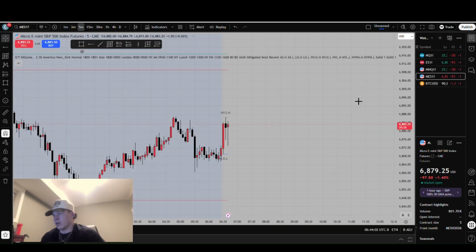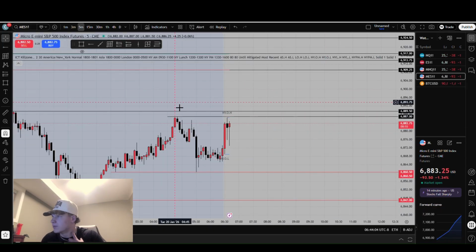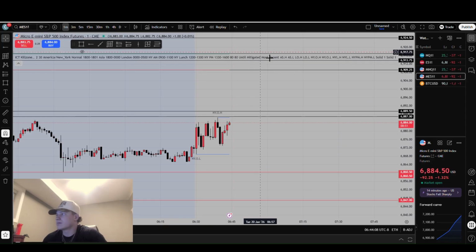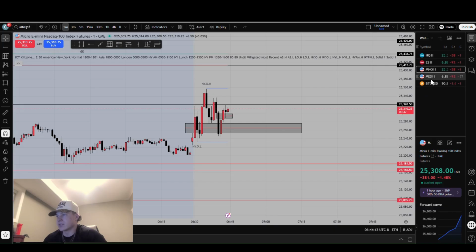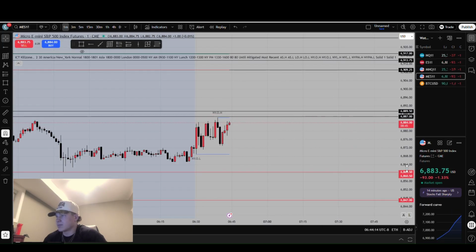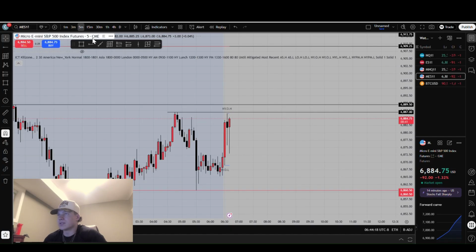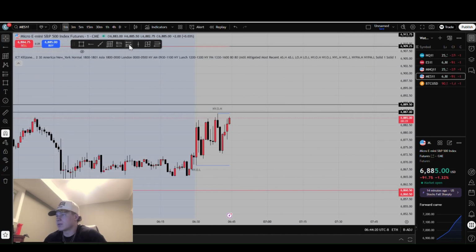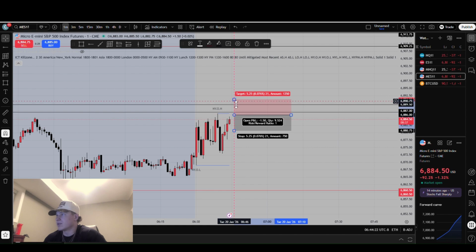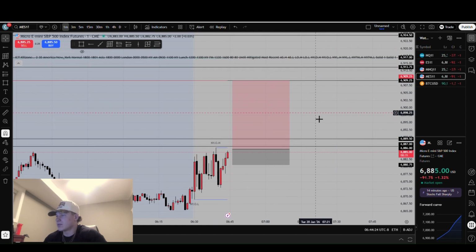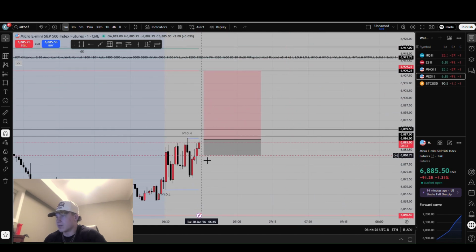So wait for this 5-minute close. Looks pretty good though. I think I might want to take longs on ES in just a second here. I don't want to be in a trade for very long.